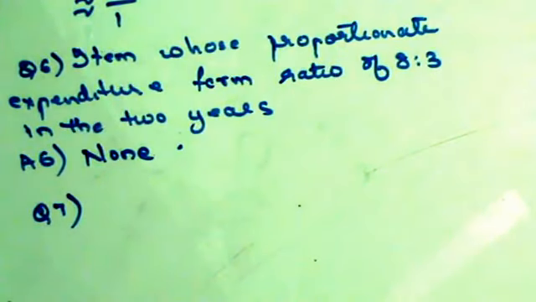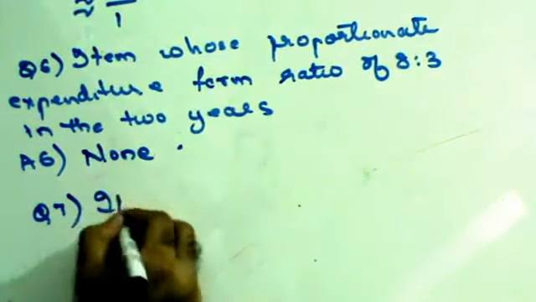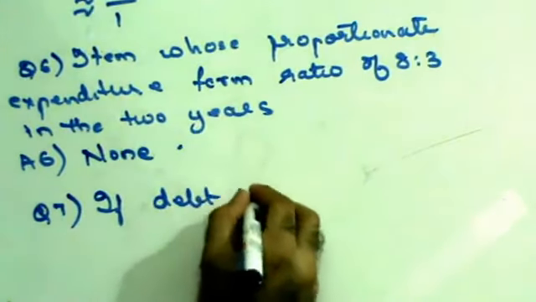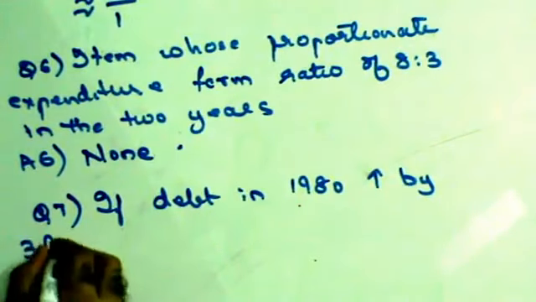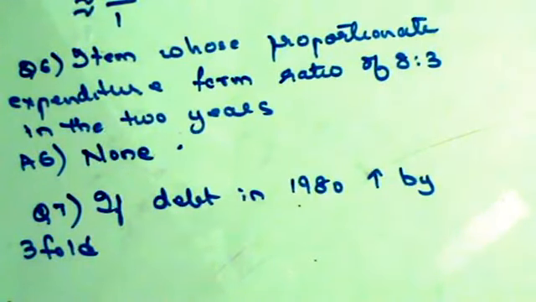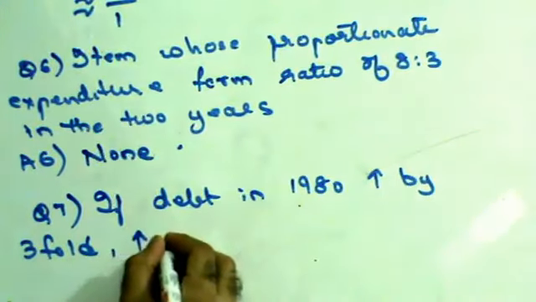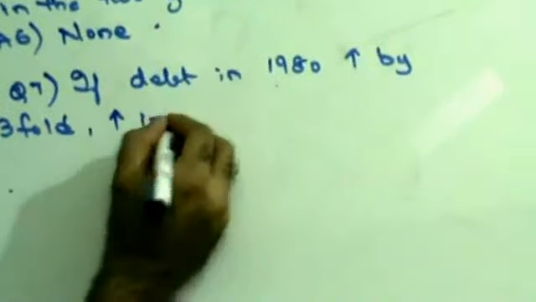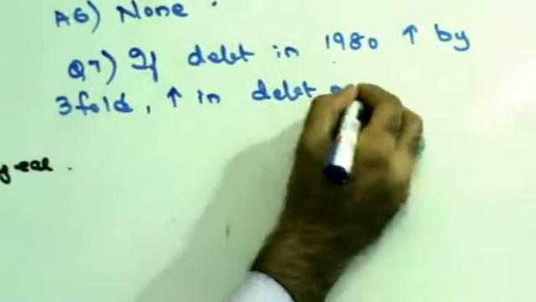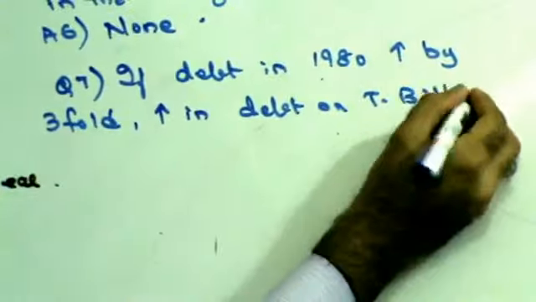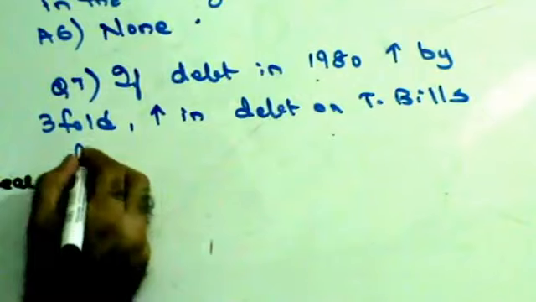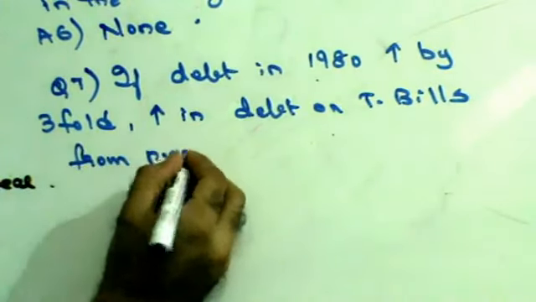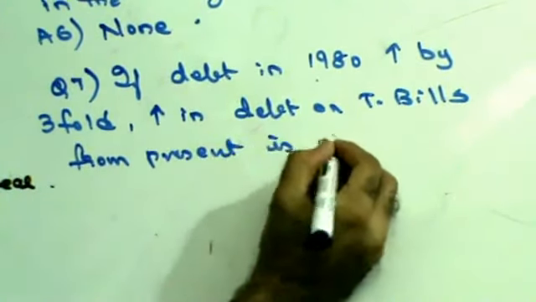If the debt in 1980 increased by threefold, the increase in debt on T-bills from the present is nearly how much?